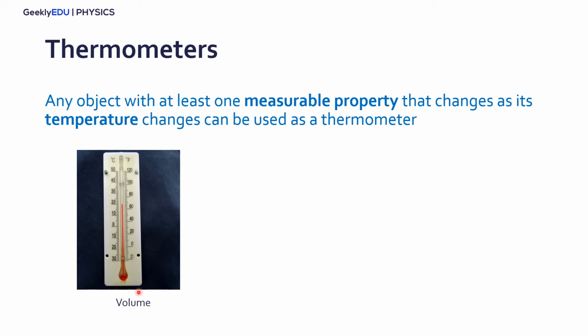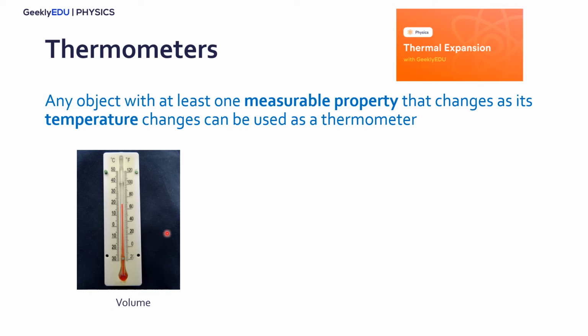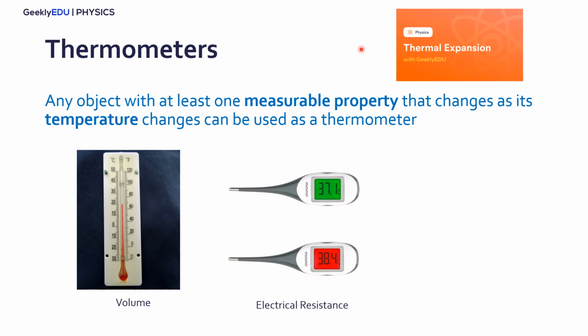If it increases, the volume of the liquid inside the thermometer expands. If you want to know more about this kind of thermometer and how this expansion works, check out our other video about thermal expansion.